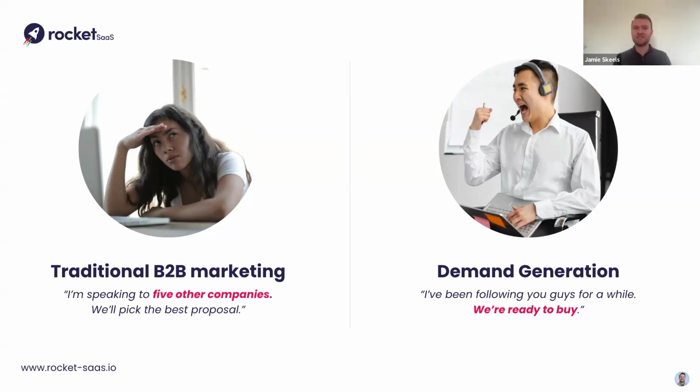Ultimately, what we're looking to achieve is that we've been educating the buyer about the problems we solve and the value we provide for a long time. They intimately understand that. So when they are ready to buy, they're going to come to us first. We're going to be first in their consideration set, and they're going to say, we're ready to buy. We want to talk to you about what you're offering.